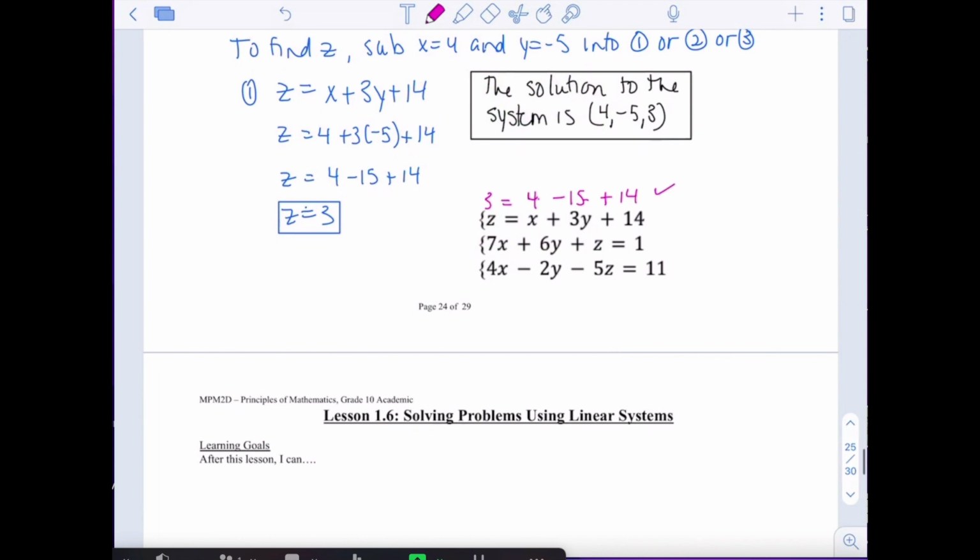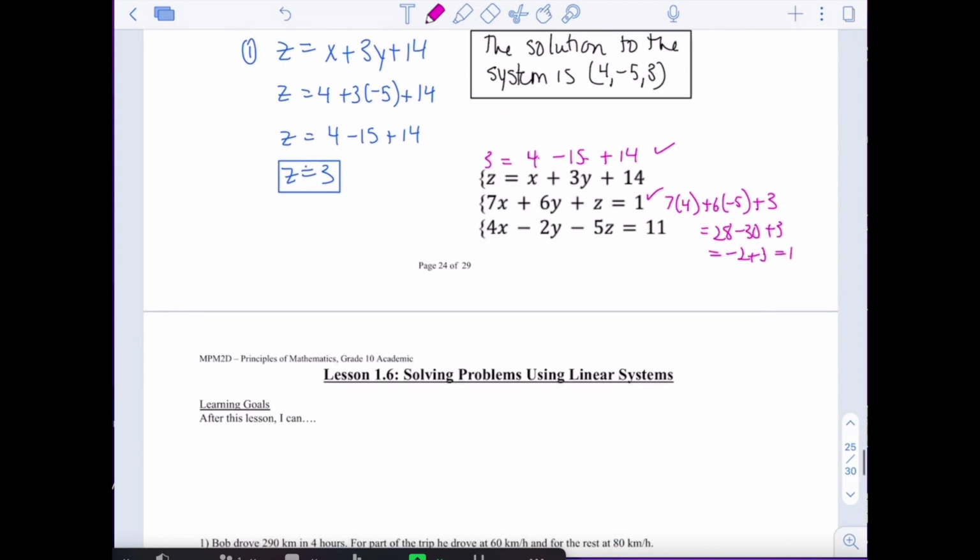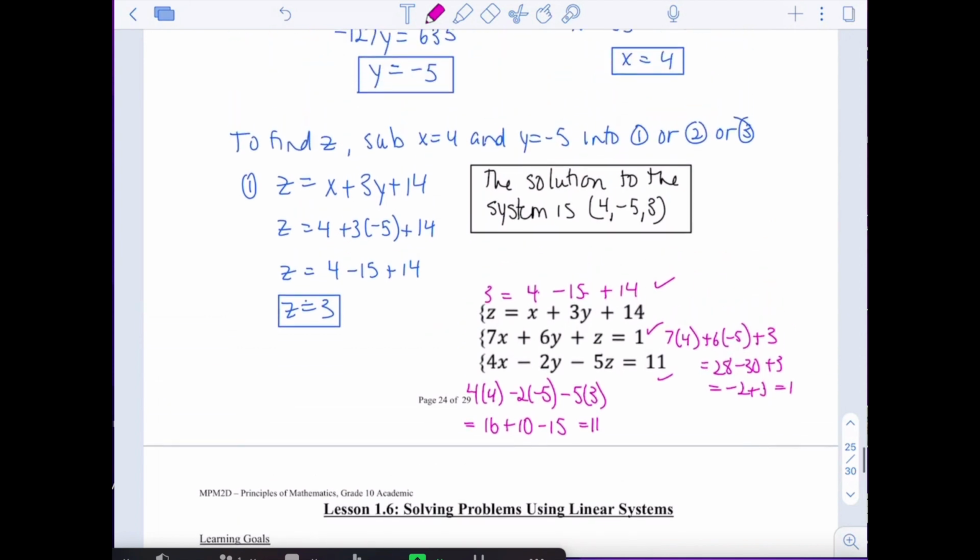That works. Okay, so the next one is 7 times 4 plus 6 times negative 5 plus 3. Well, that's 28 minus 30 plus 3, which is negative 2 plus 3, which is 1. Yep, that one works too. And then we've got 4x minus 2 times negative 5 minus 5 times 3, equals 16 plus 10 minus 15 equals 11. All right, so we've now convinced ourselves that that's the answer.